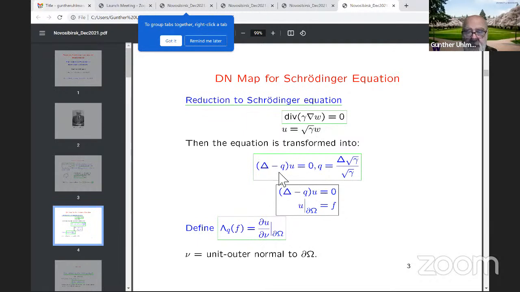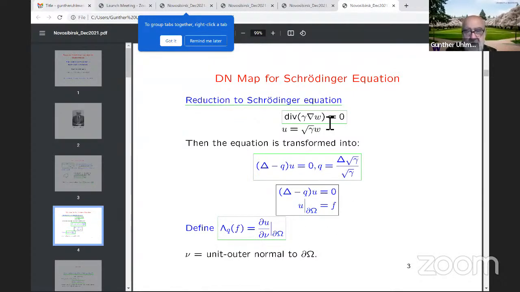And then you get this problem. Actually, you can consider a more general problem given a potential Q that may even be complex. In this case, this is real. Can we recover the potential by knowledge of the Dirichlet to Neumann map, which is simply the normal derivative? So it can be reduced to that problem.